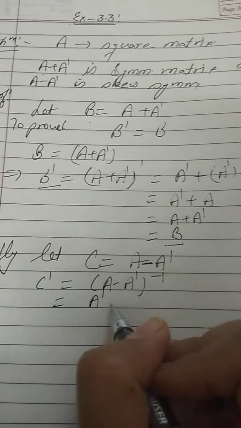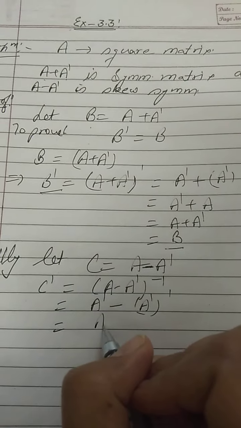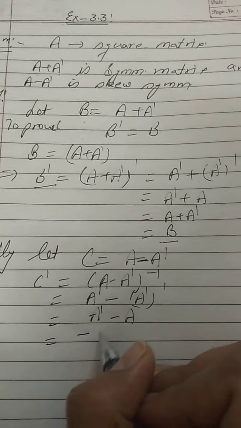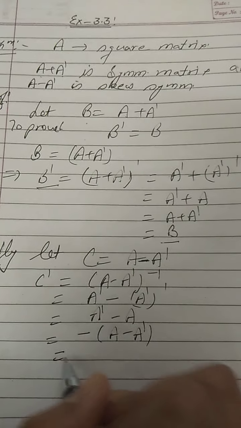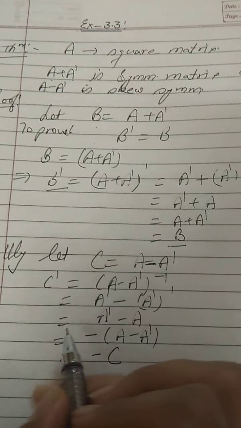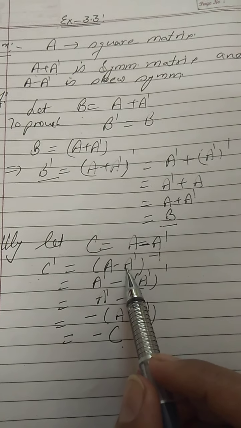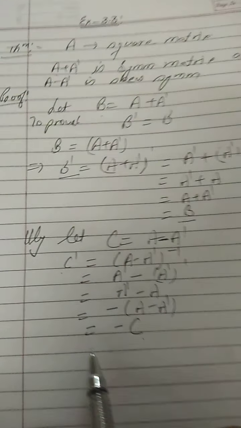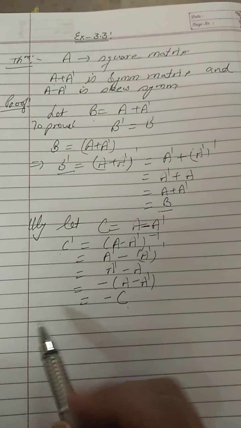This equals A transpose minus the transpose of A transpose, so it will be A transpose minus A, and if I take the minus sign common, it becomes minus of A minus A transpose. Now what is this A minus A transpose? It is C only. So we have proved that C transpose equals minus C. It means A minus A transpose is skew symmetric and A plus A transpose is a symmetric matrix. This is your theorem based upon symmetric and skew symmetric matrices.